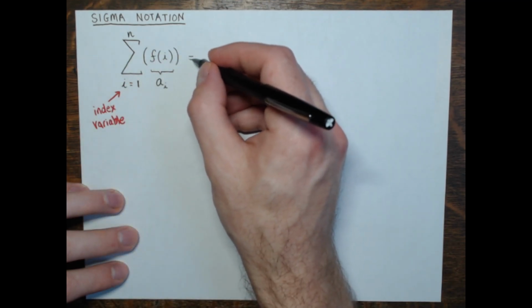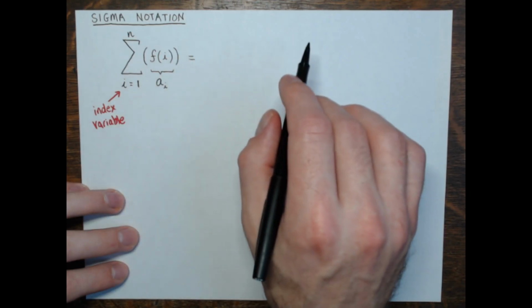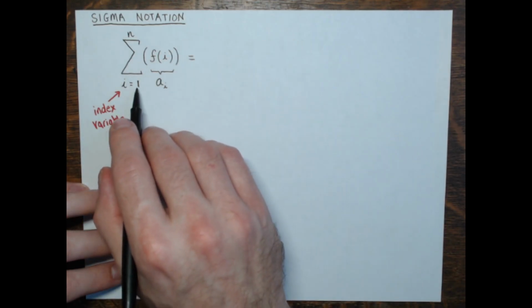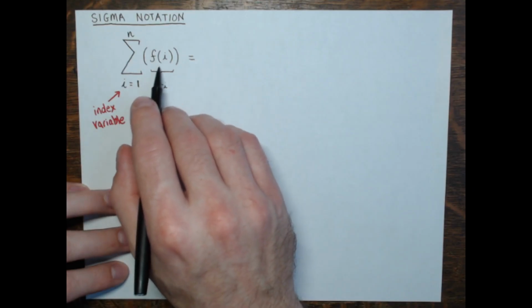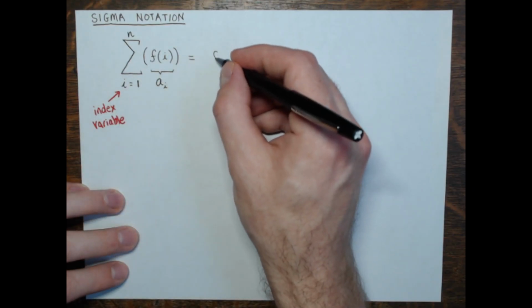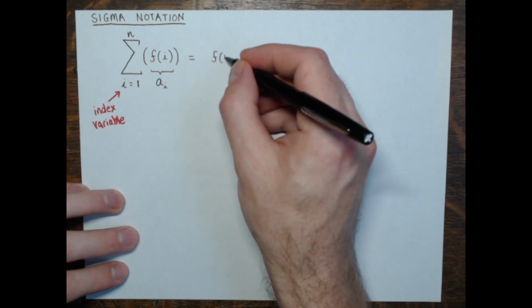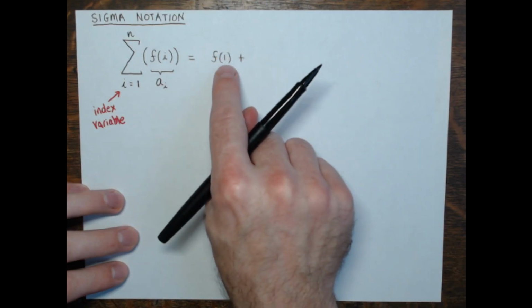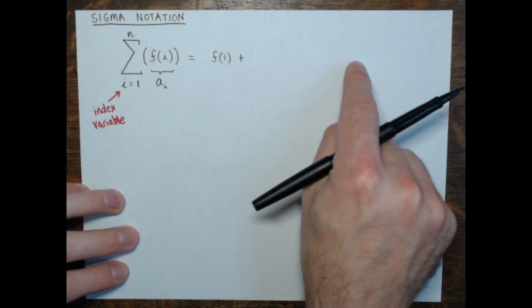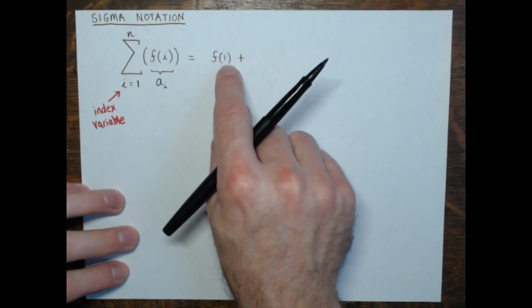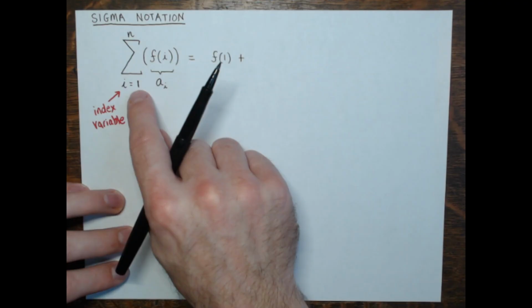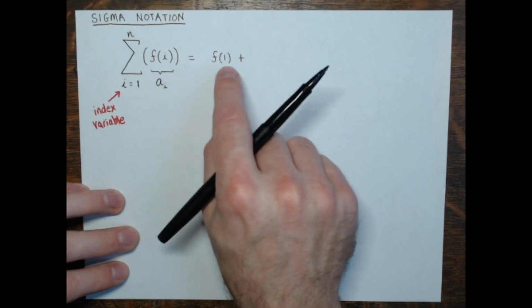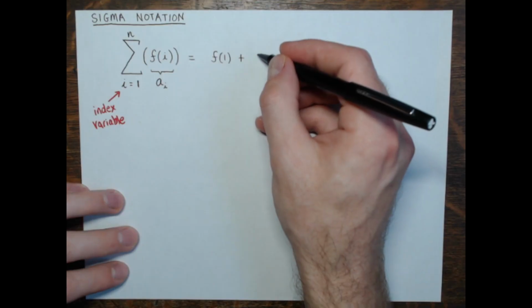So again, what this represents is a sum, where I plug in the lowest value first, so in this case it would be 1, and then add, and then as you go term by term, the value of the input, the value of this index variable, increases by 1.